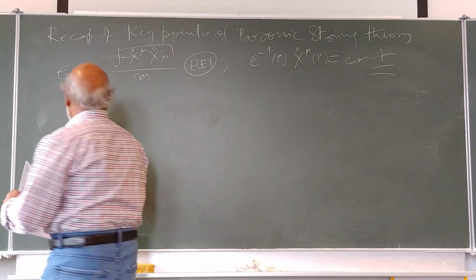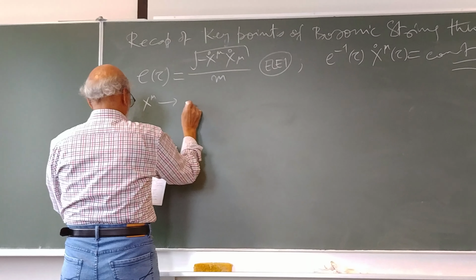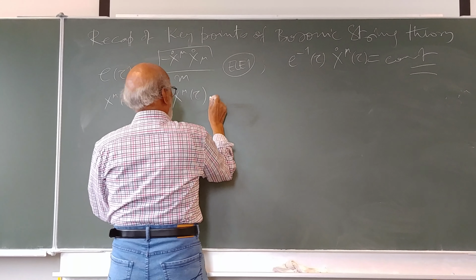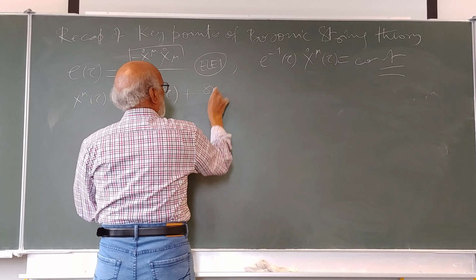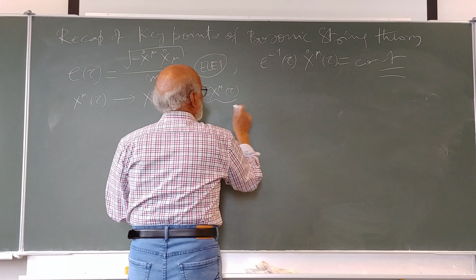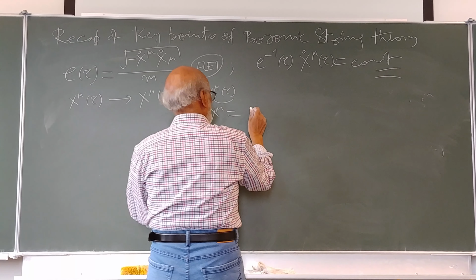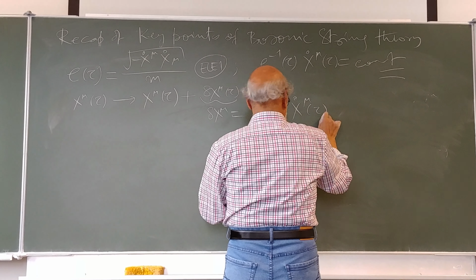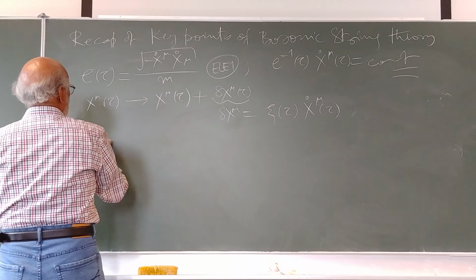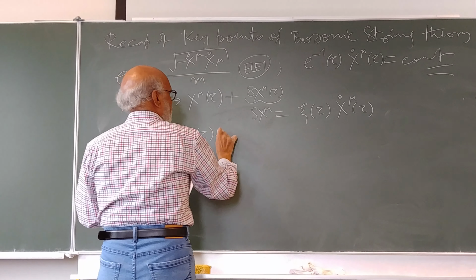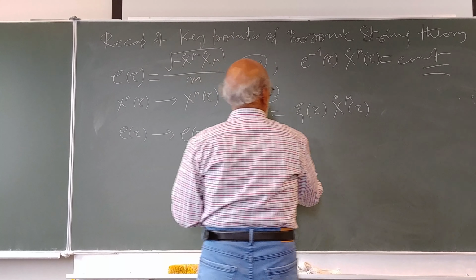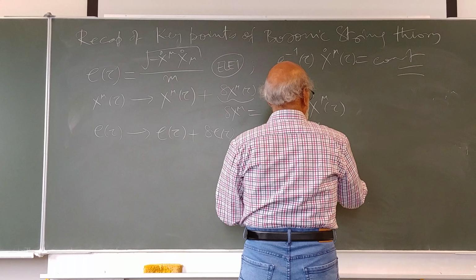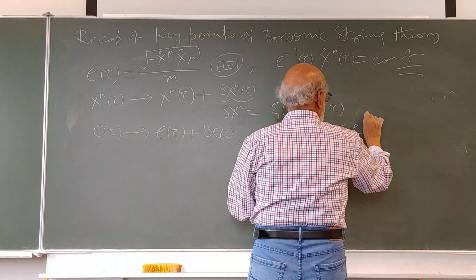So x mu of tau goes to x mu of tau plus delta x mu of tau, where delta x mu is equal to xi of tau times x mu dot of tau, and e of tau goes to e of tau plus delta e of tau, where delta e is the time derivative of xi times e.